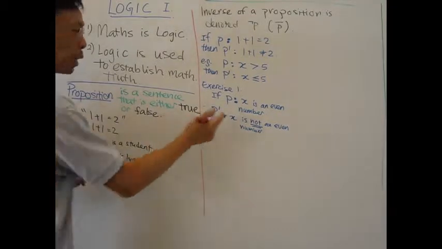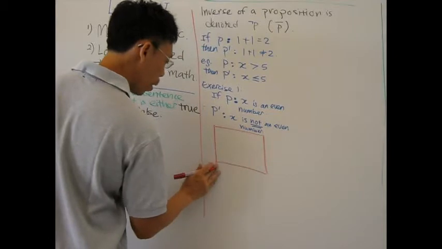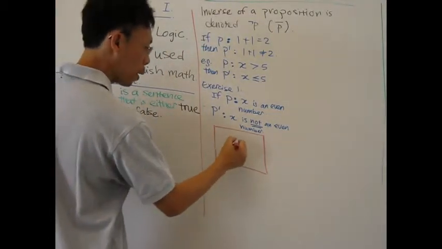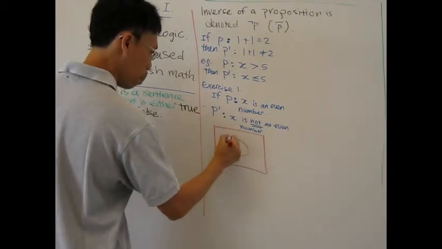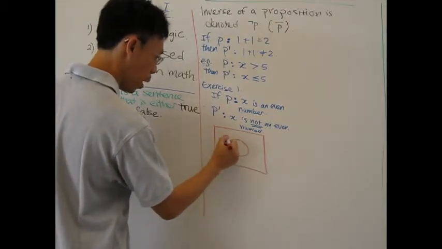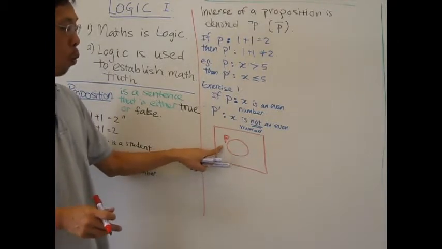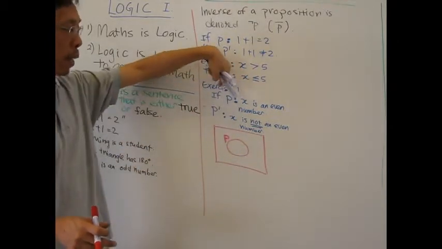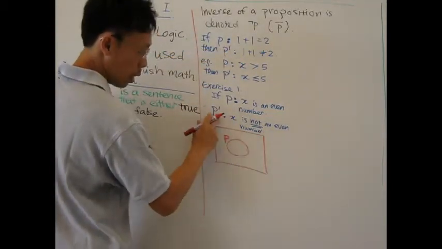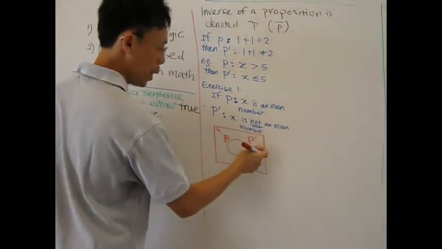And I can also link this with sets. If you allow capital P to be the set that contains all the x's that make this statement true, that is in P, then the inverse is represented by P dash.